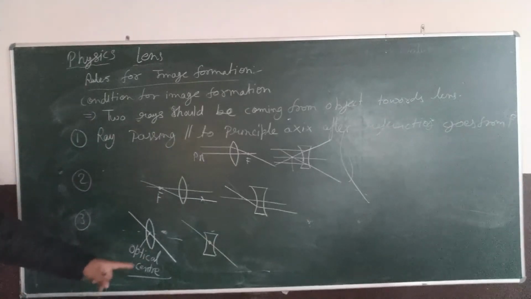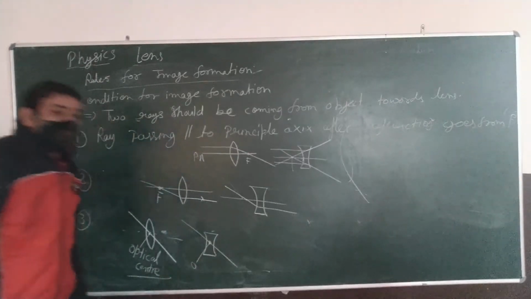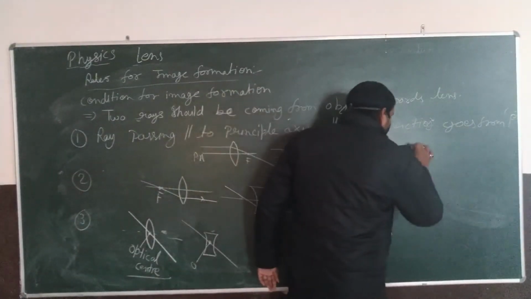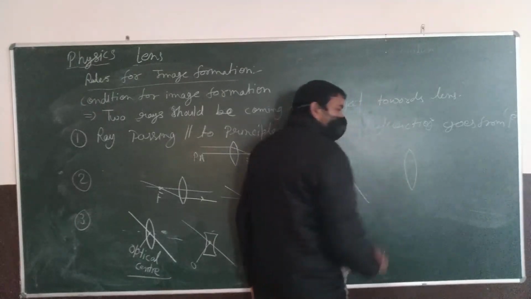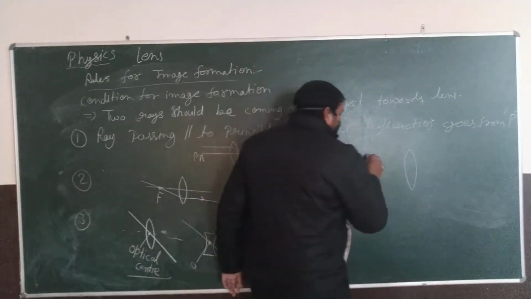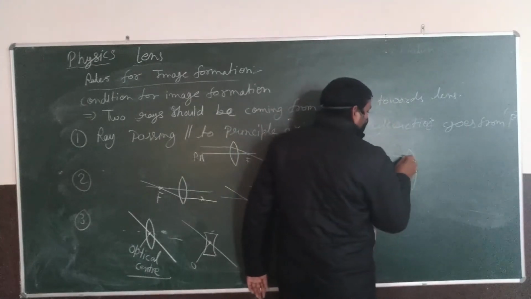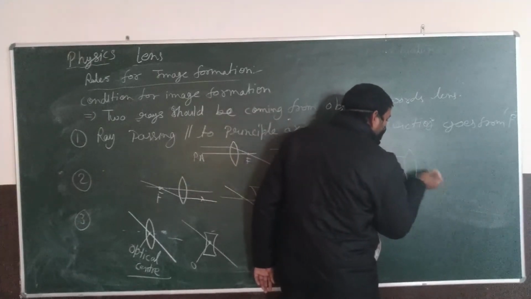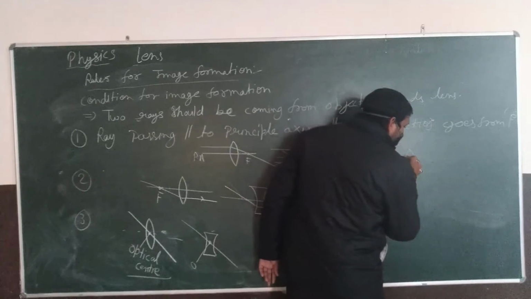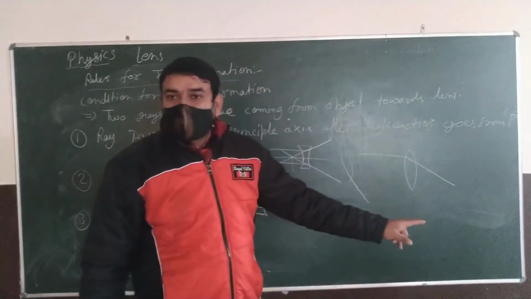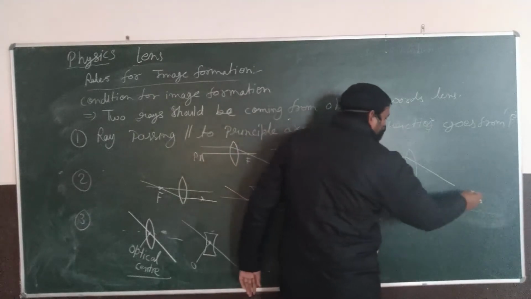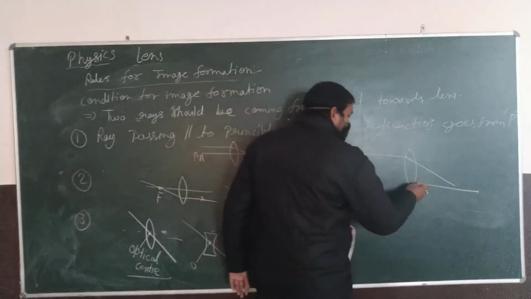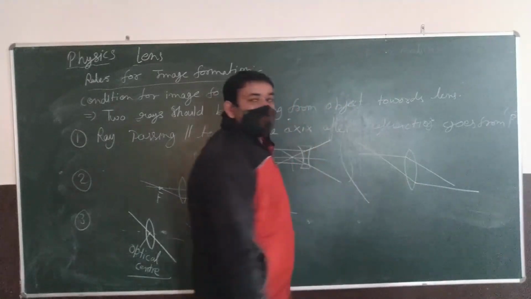passing without deviation through the optical center. Now, what is this optical center? Now, see. Suppose we have a concave lens or a convex lens. If a ray is traveling parallel to the axis, the light moves through the focus after refraction. And the second ray, traveling from the other side, after refraction goes through the other focus.